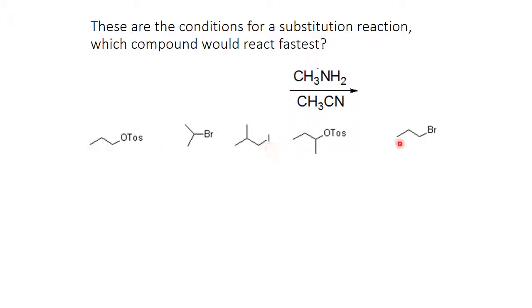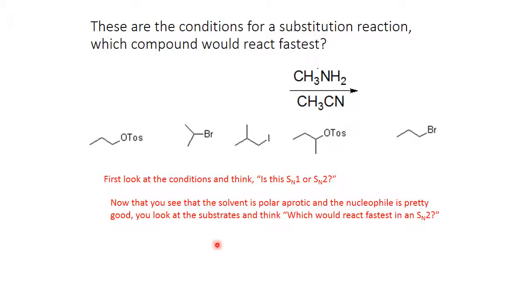Then I look at the carbon compounds and I see they're either secondary or primary. And again, I think, well, this looks like SN2. So first look at the conditions and say, is it SN1 or SN2? And it's SN2. Now, which one of these is going to react fastest in an SN2?